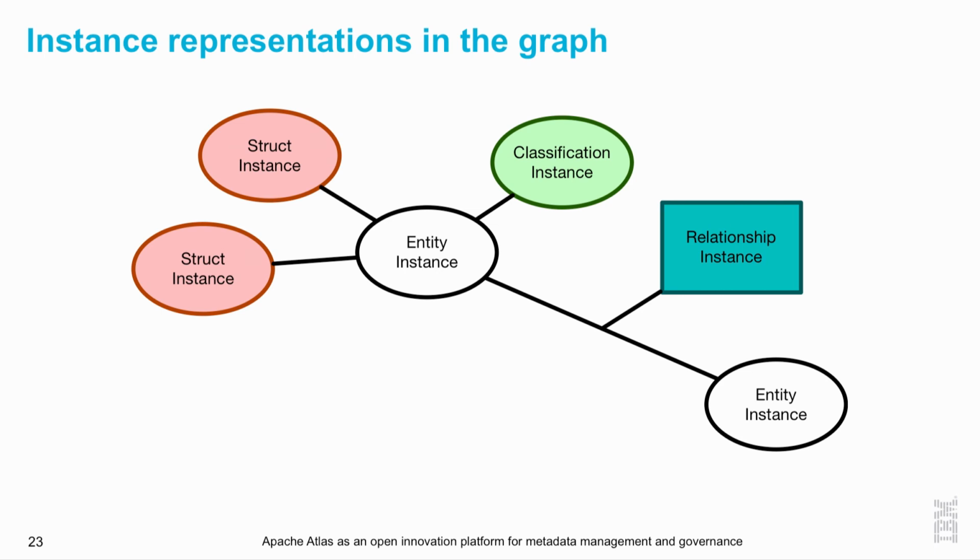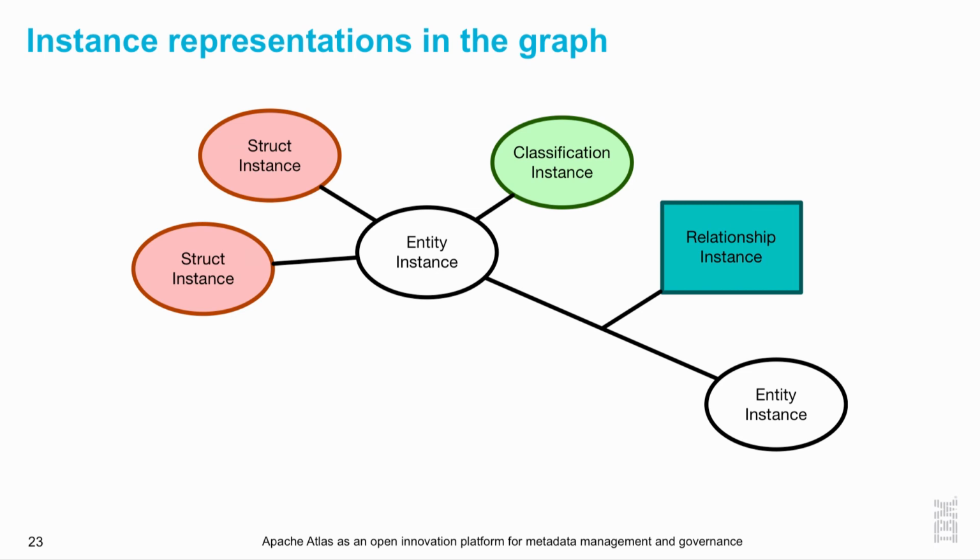Inside Atlas, we have a very nice model, and in fact, we've simplified it even more than the base Atlas definition. So we have the concept of an entity, that's an object, a classification of that entity, which basically tells you a little bit more about its type or group.